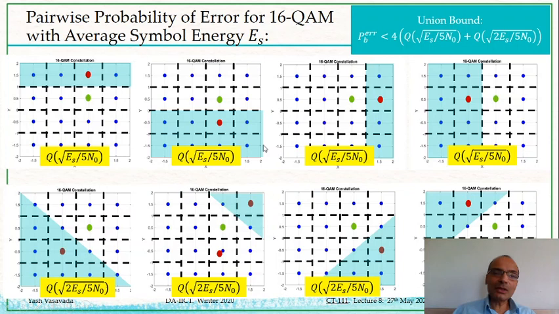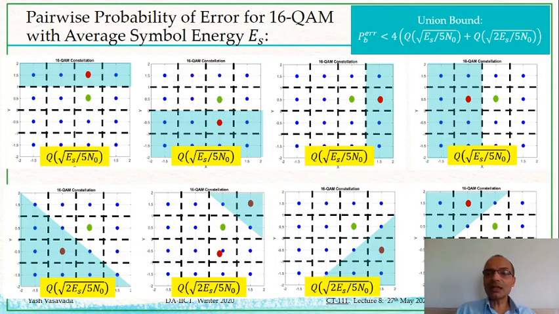So you see that we took some theoretical evaluation which would have been quite complicated. We made it much simpler by this union bound approach, and we are now able to evaluate at least an upper bound.